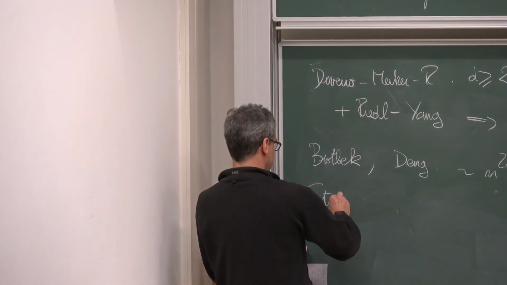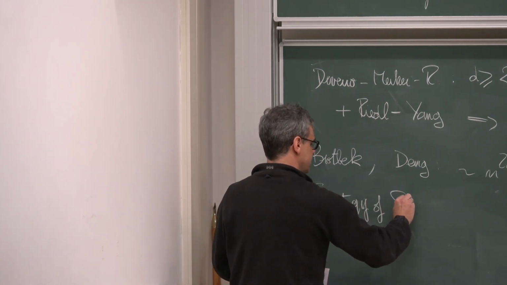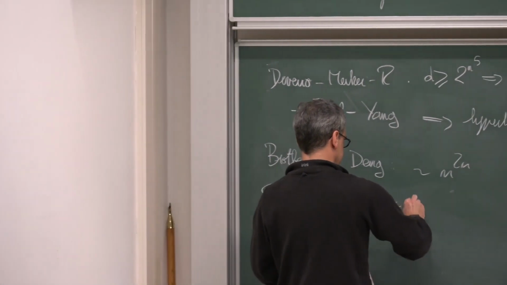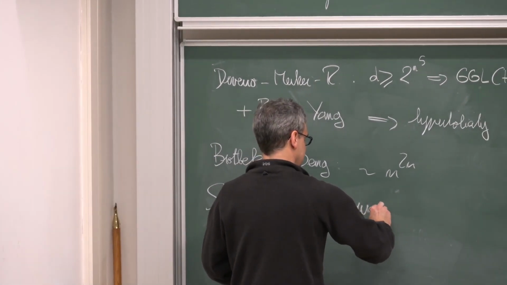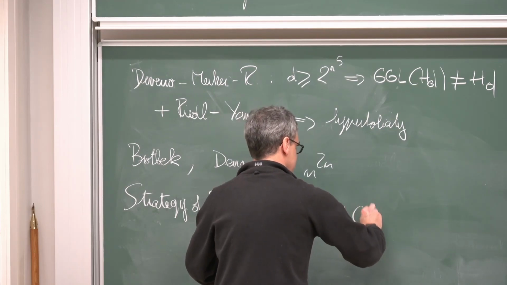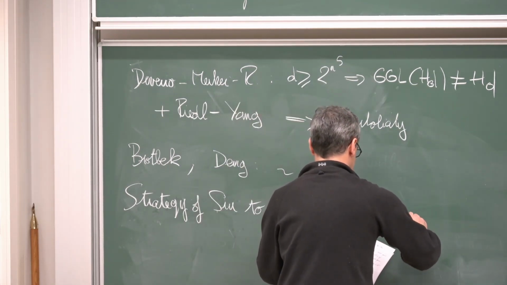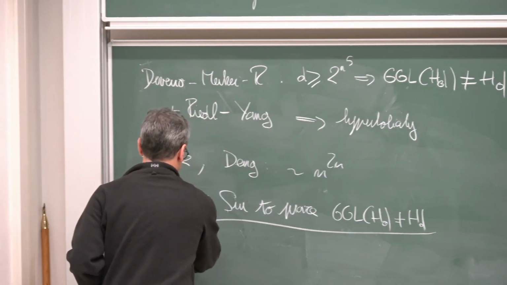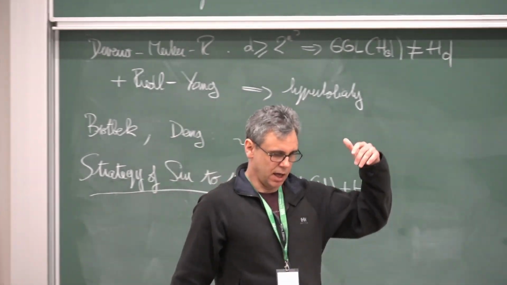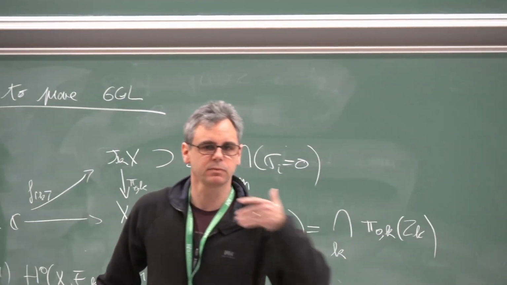So this is the strategy of Hsu, Yang-Tong Hsu, to prove this Green-Griffiths statement. So he introduced a very elegant way how from one section you can cook up other sections.